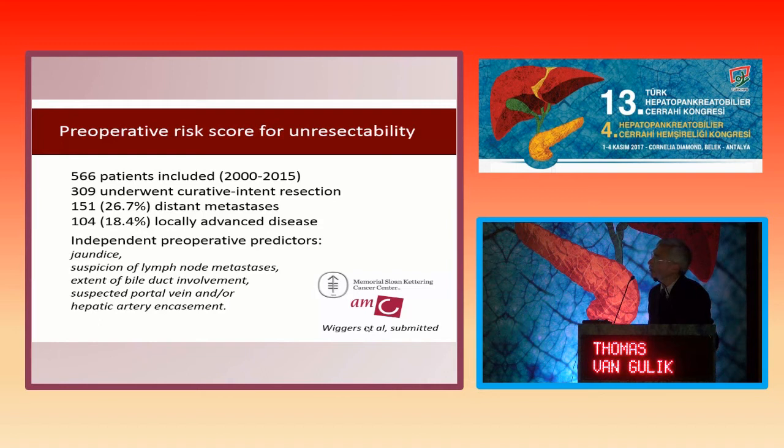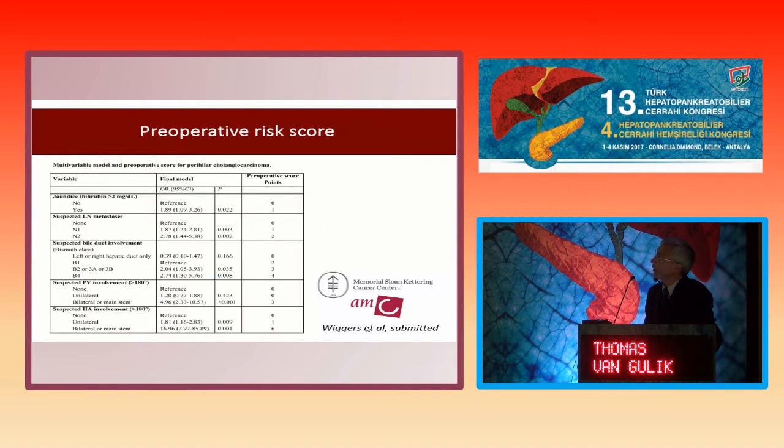We analyzed 566 patients, of whom 309 underwent a curative intent resection, 26% had distant metastasis, and 18.4% had locally advanced disease. And when we analyzed the preoperative predictors for resectability, we found that the jaundice, suspicion of lymph node metastasis, extent of bile duct involvement, suspected portal vein, and hepatic artery involvement were significant preoperative factors.